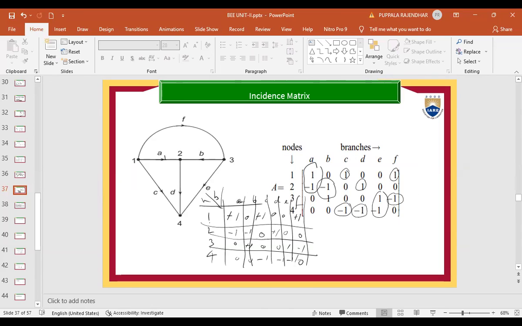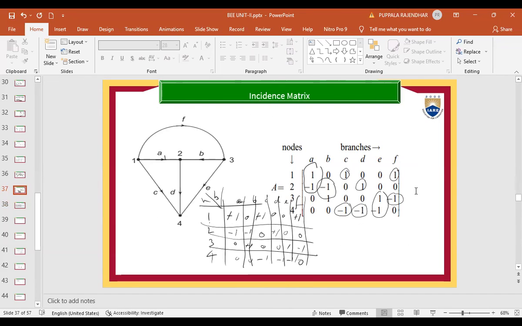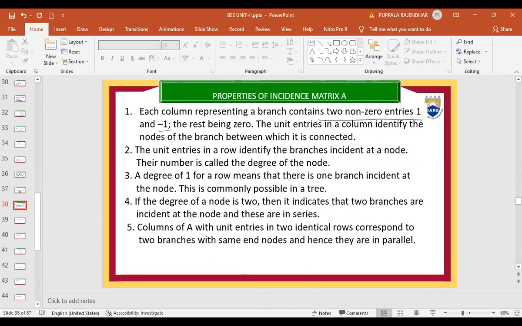Right? Each column is containing two non-zero elements, and remaining all the elements are 0 here. So those unit entries in a column identify the nodes of a branch between which it is connected.